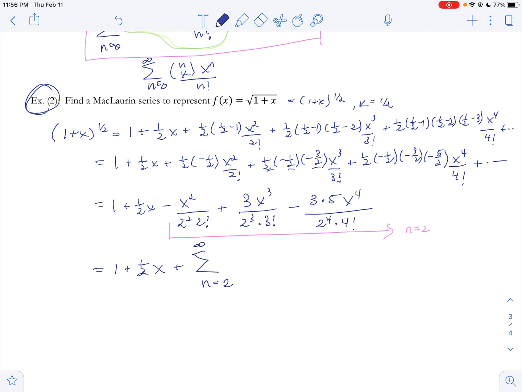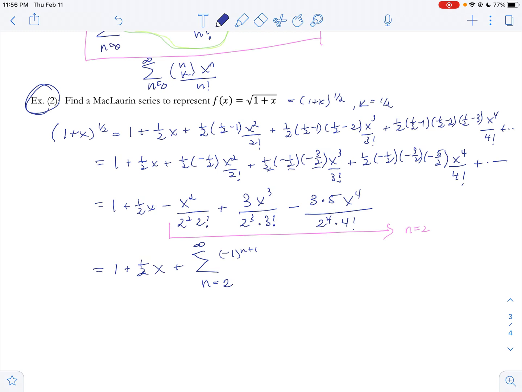Okay, so now we have negative, positive, so we definitely have a negative 1 to the n. And the first term that we want to be negative, so when we plug in 2, that should be a negative. So I need this to be n plus 1, so that when I plug in 2, I get a 3, and then I have a negative 1 to the 3rd.